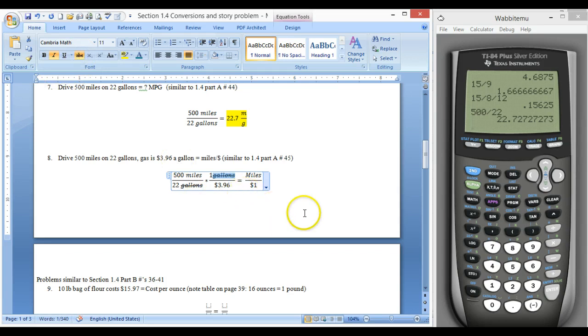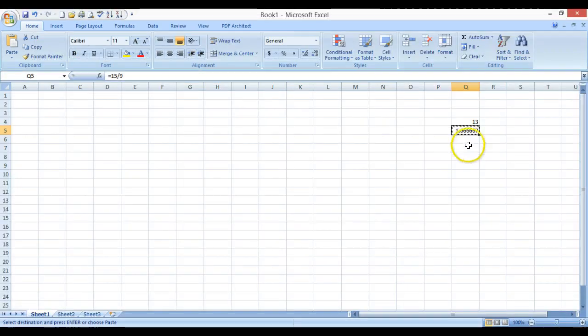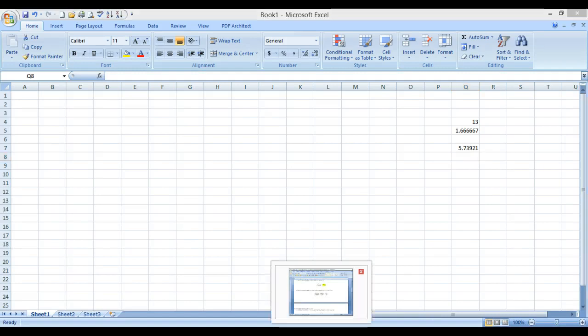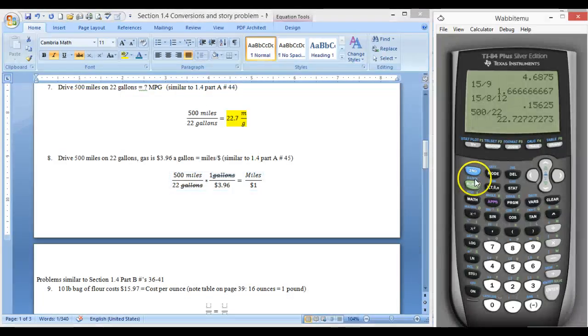There we go. Now we just need to type that into either your calculator or Microsoft Excel. Excel, you would just type it in, make sure you put an equal sign, equals 500 divided by 22 divided by 3.96. I think those were all the numbers. 500, 22, 3.96. There we go. Or we can just use this as well. 500.